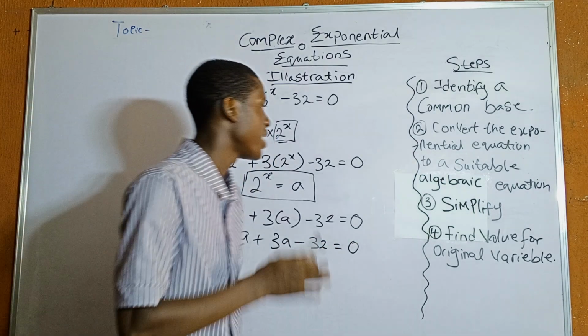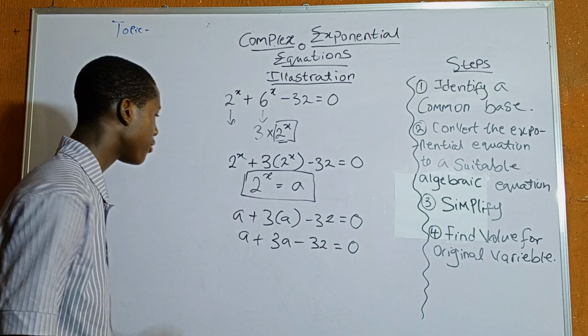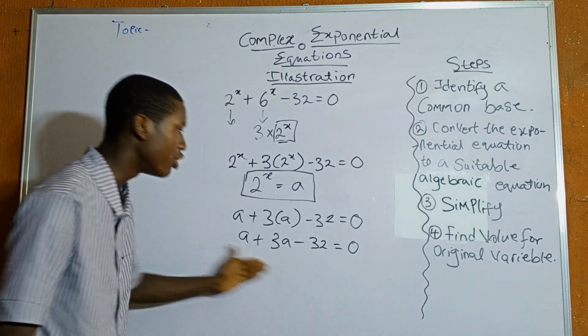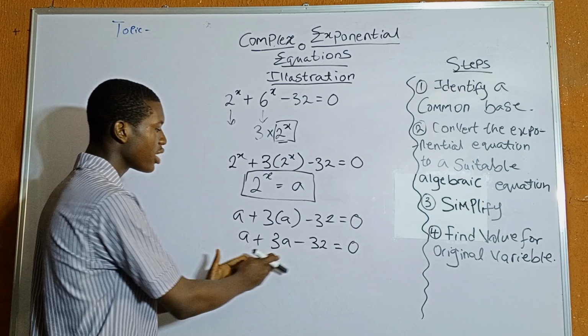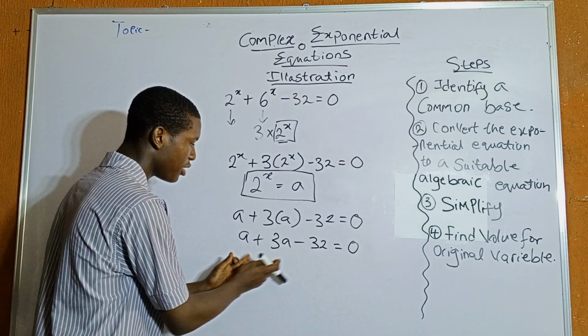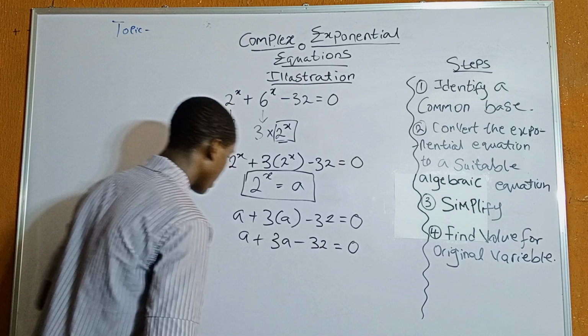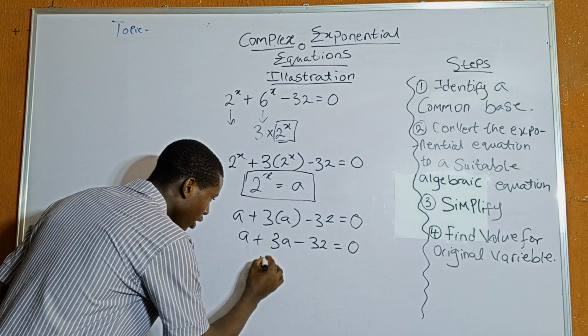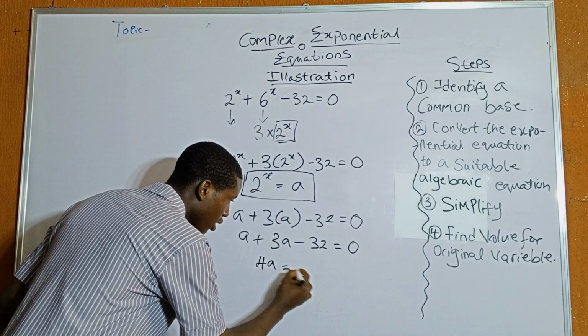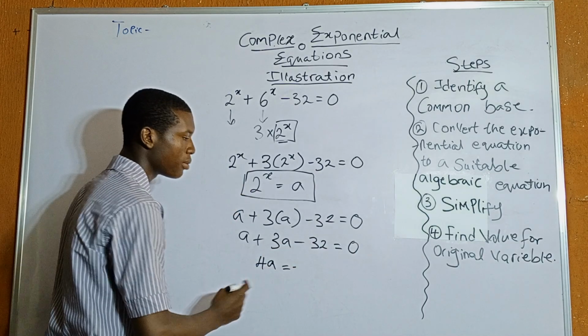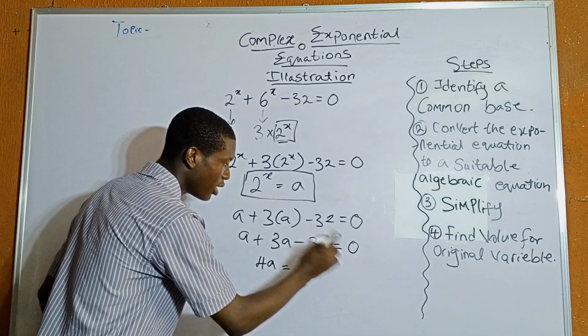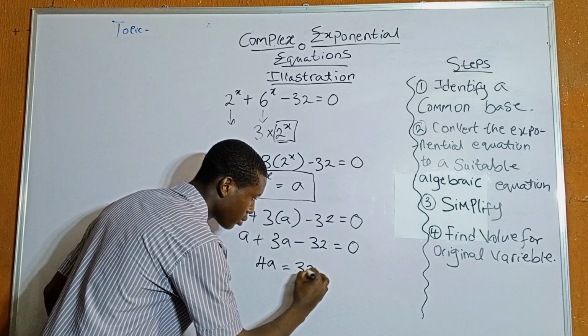Now step 3 says simplify. What are we simplifying? We're simplifying this algebraic equation. In order to simplify it, we need to bring the a's to one side and collect like terms. Now this will be 4a equals, now when minus moves to this place, it becomes positive, so this will be plus 32.